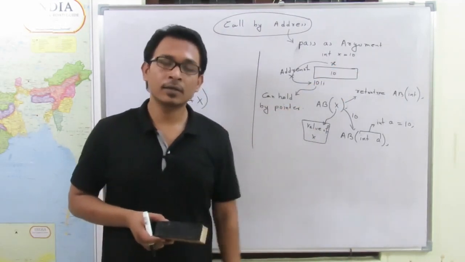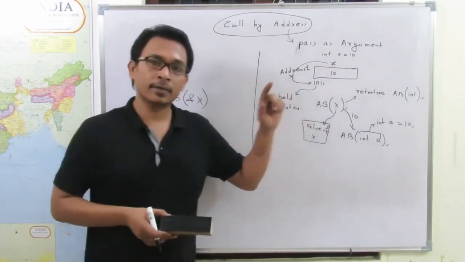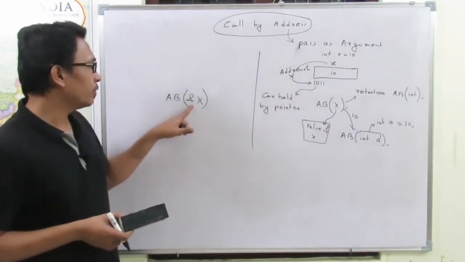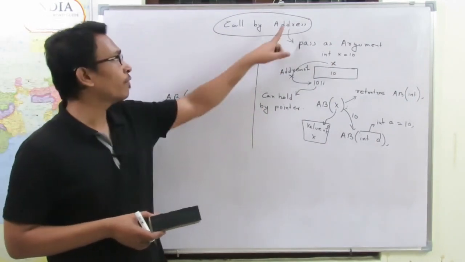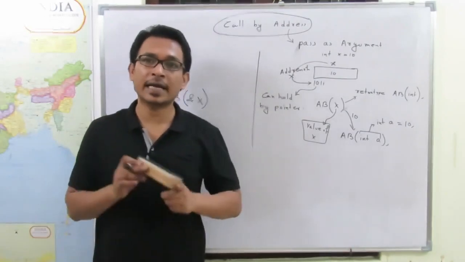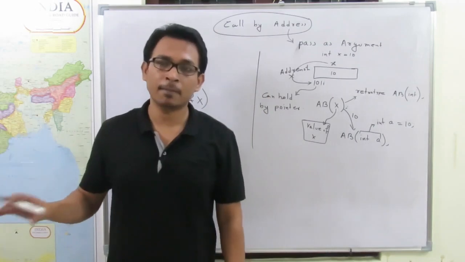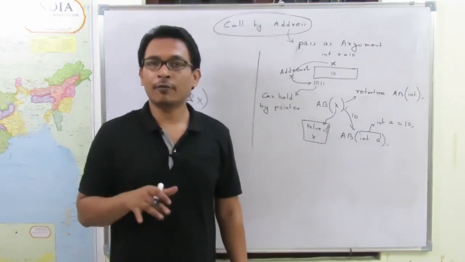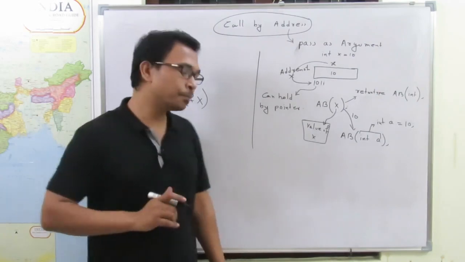Because we don't know the address of x, we will specify the address of operator at the time when we want to pass the address of any variable as argument to any function. At that time we have to use the address of operator with the argument. Clear?